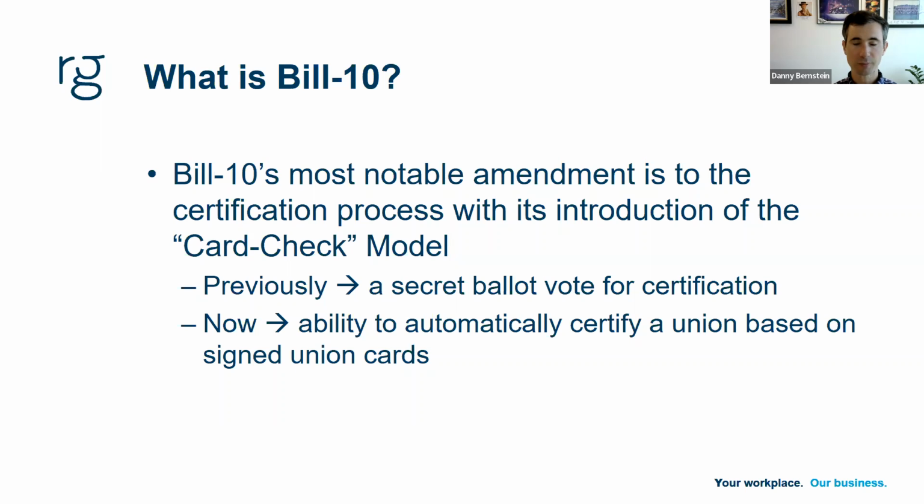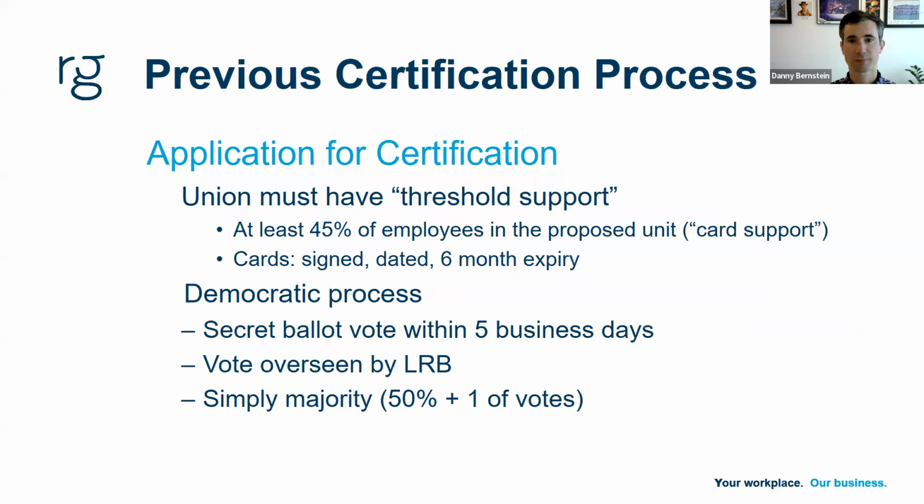Now, what's happened is there is still the provision for a secret ballot, but it is a lower threshold for a union now. And what they need is a number of cards signed that will automatically result in certification. There is no secret ballot anymore if the union has over 55% of the cards signed.